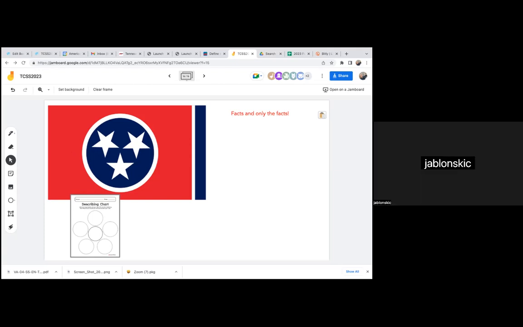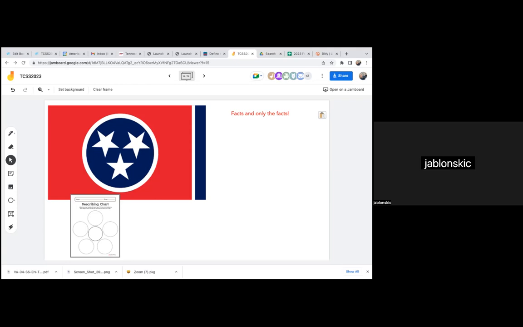One thing that we do is I teach 6th grade and ancient history. So we'll have students look at an image of a particular civilization before we start that unit, and then have them focus on one piece at a time.